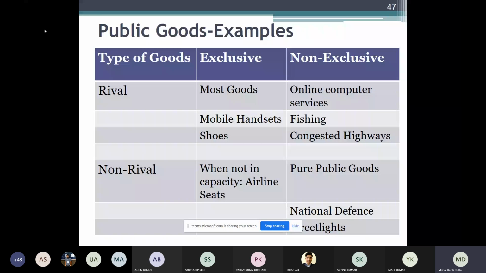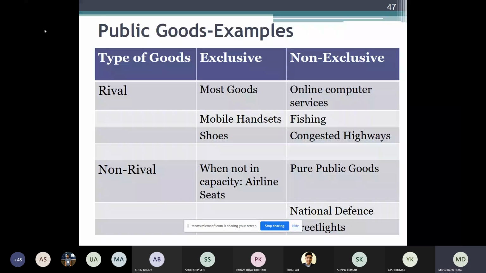If seats are available, then providing a seat to a person who has the right to go into the flight is possible. In that case, my use of the seats in the flight is not affecting the use of the seat by somebody else. So it is not rival in consumption. That might be one example of an exclusive but non-rival nature of certain services.